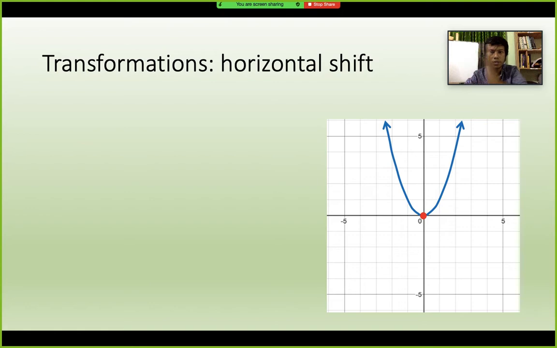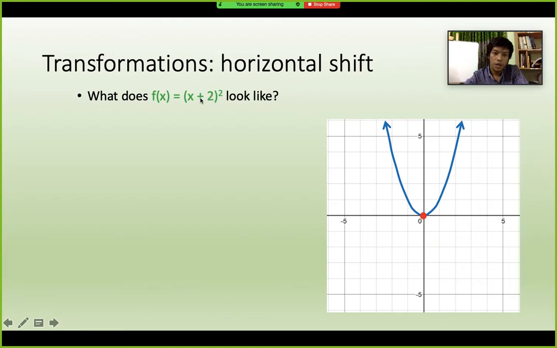Now this one is horizontal. It will be left and right, and there is some clear difference why it happens. See this. Where is this 2? This is within the bracket: x plus 2, whole squared. If it is within the bracket, then the first thing you should think is, okay, this is now a horizontal shift, a left-right shift.